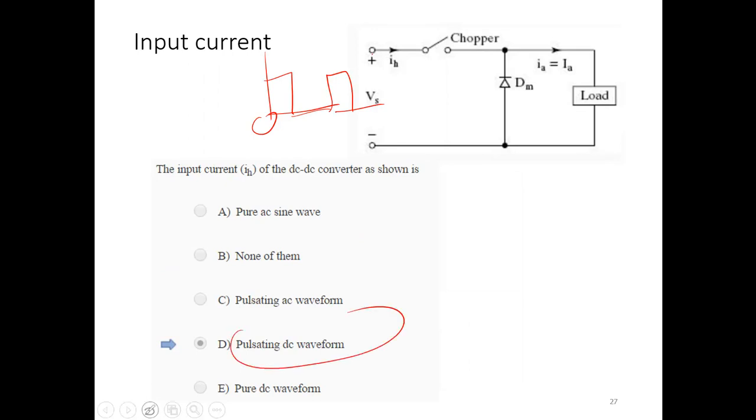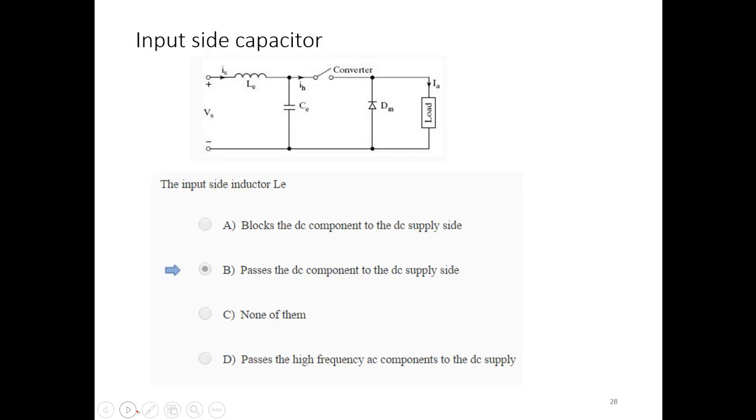To get rid of the pulsation, you normally apply a filter, since there are a lot of harmonic components.